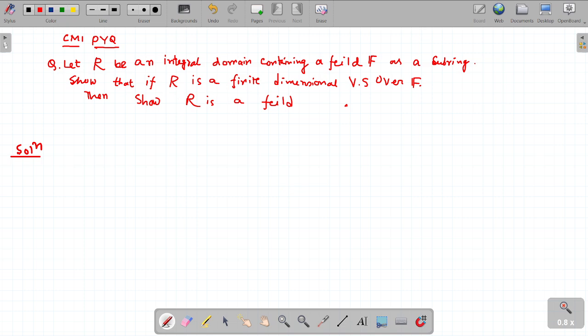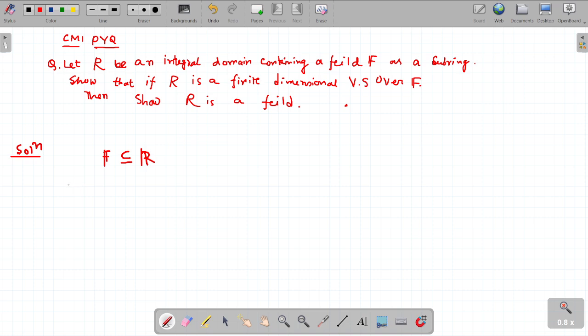Now you have to show that if R is a finite dimensional vector space over F, then R is a field. So one, R is an integral domain is given, and F is contained in R is also given. Now, if R is a finite dimensional vector space, then you have to show that R is a field.